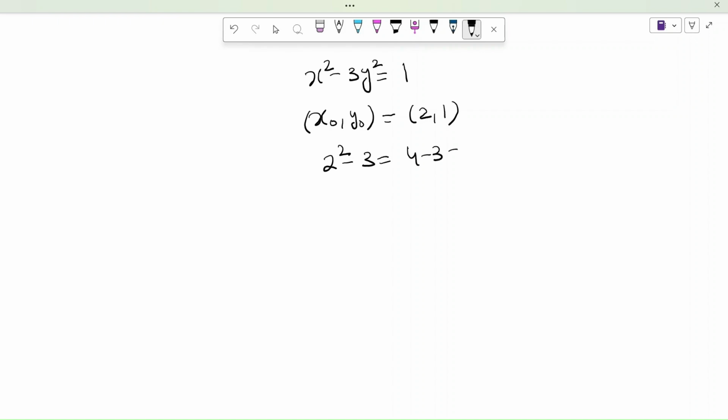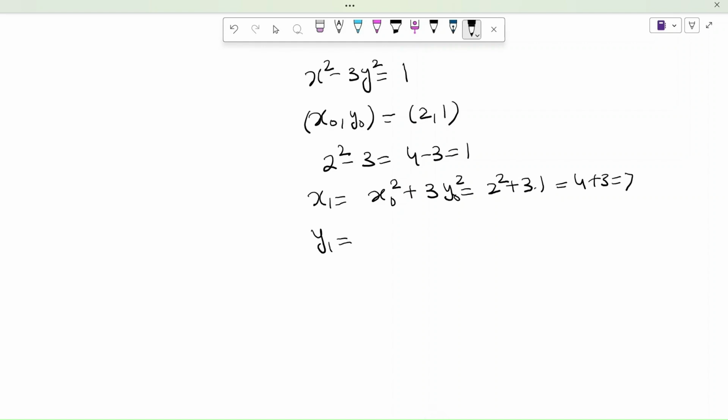Let's take another example, x² − 3y² = 1. Let's guess the first solution as (x0, y0) = (2, 1). It's easy when n is small. So 2² − 3 = 4 − 3 = 1. And similarly, for the second solution, we can try x1 = x0² + 3y0² = 2² + 3·1 = 4 + 3 = 7.